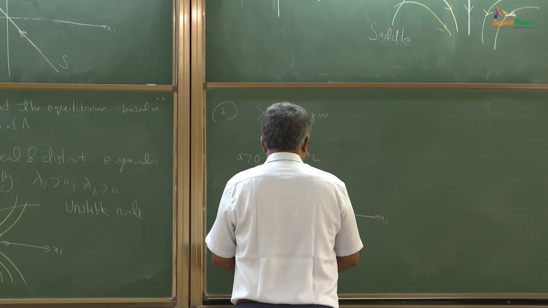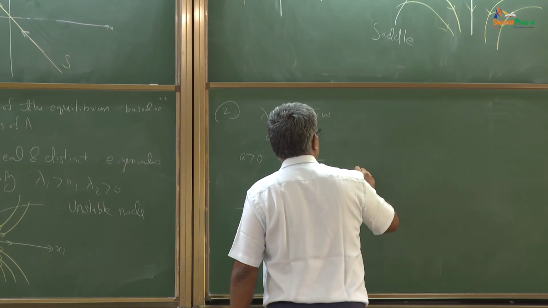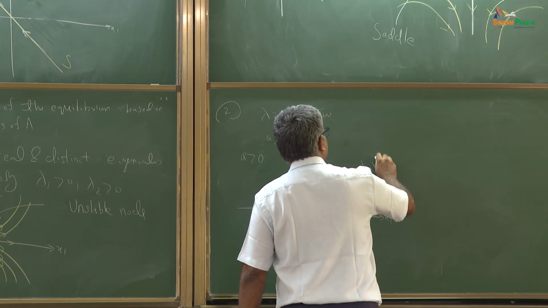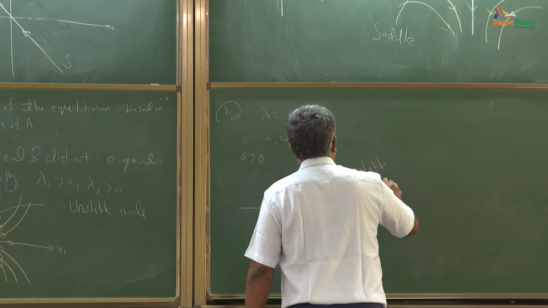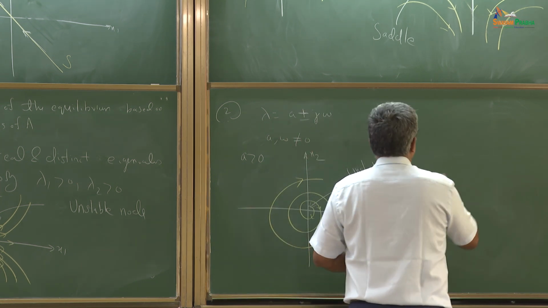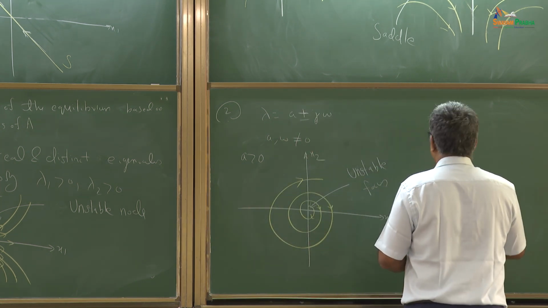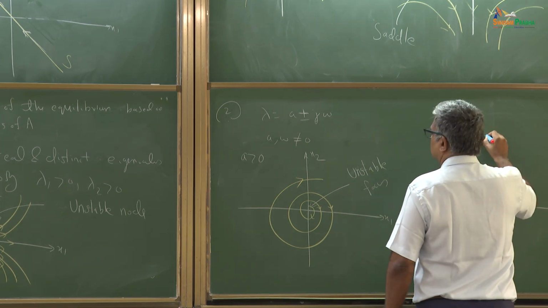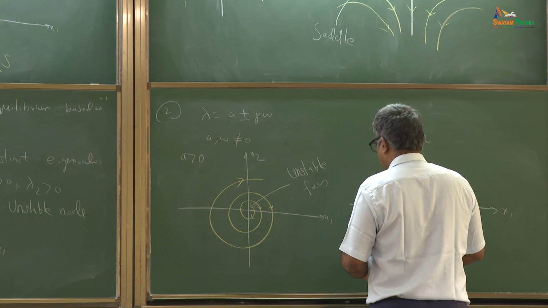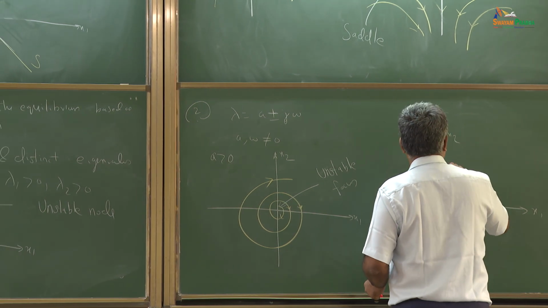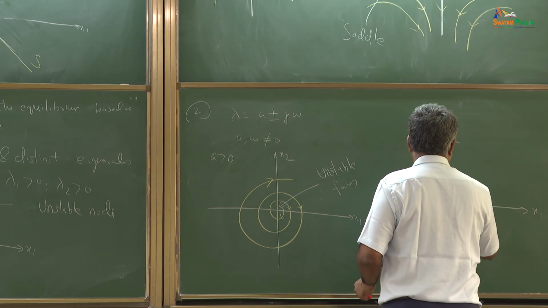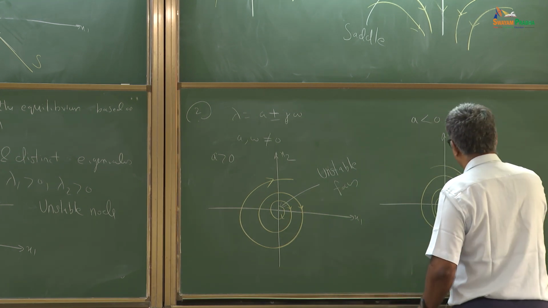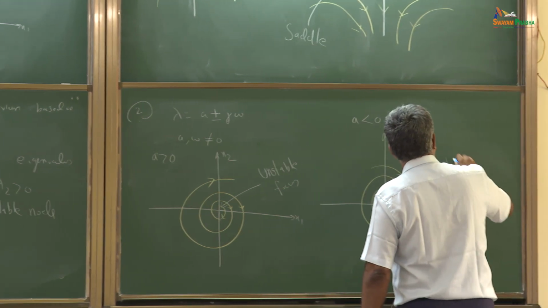In this case, this is called an unstable focus. And when a is negative, you have a stable focus.